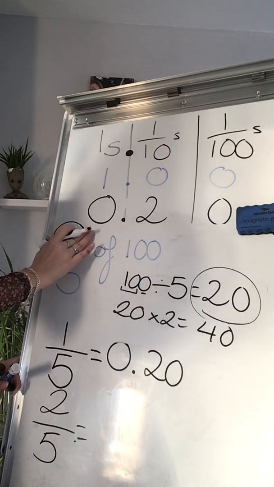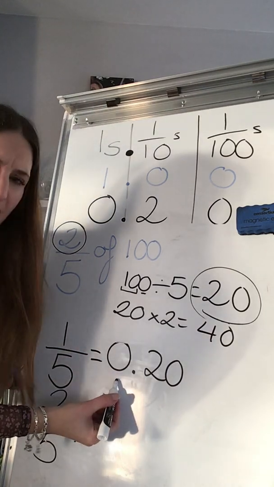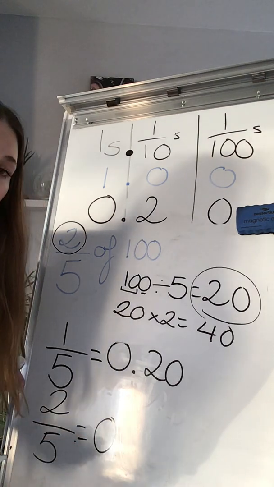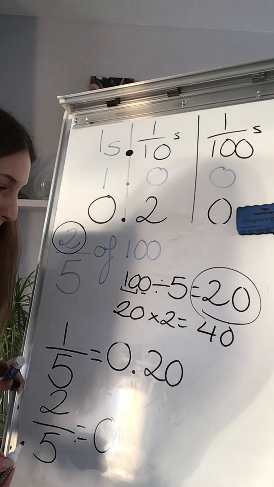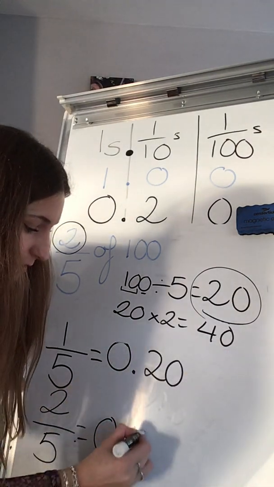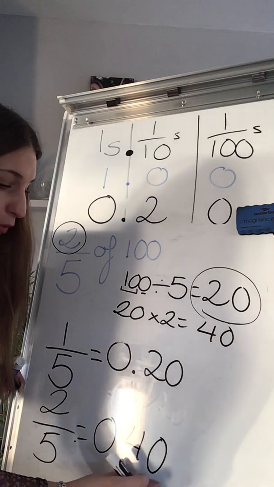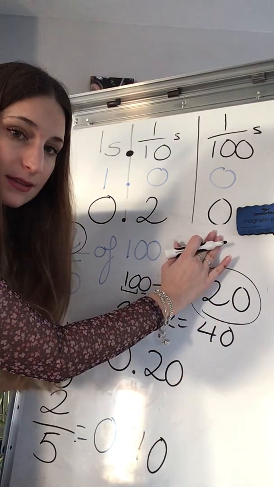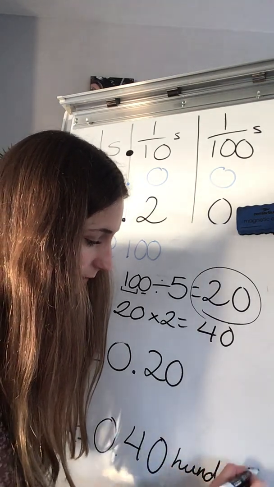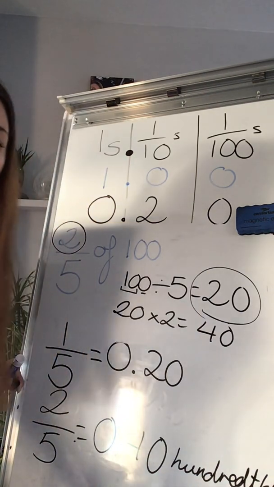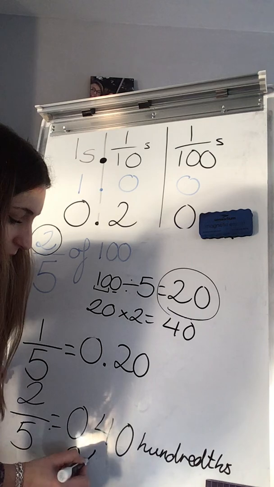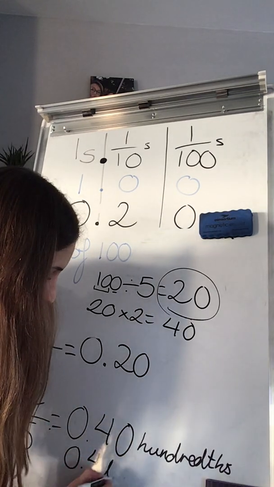Is it a whole? Has he eaten one whole cake? No. 0 point what? Has he eaten 40 small bits? So he has eaten 0.40 hundredths, and you can just write that if you want hundredths, or he has eaten 0.4 tenths.